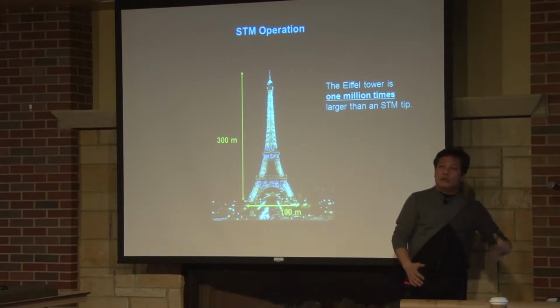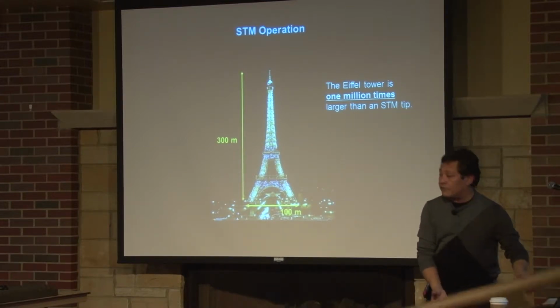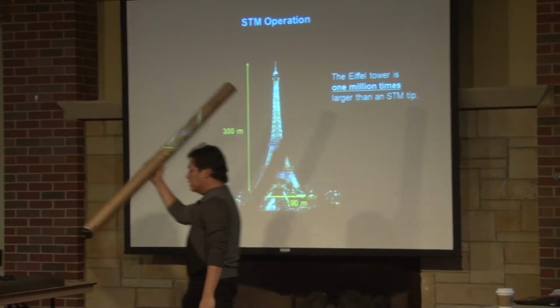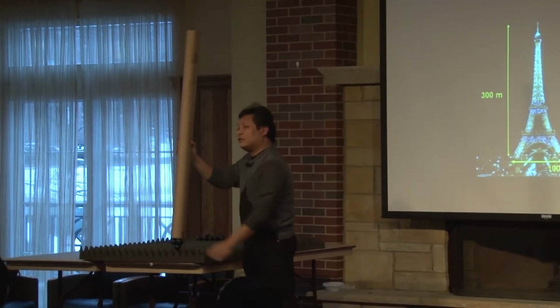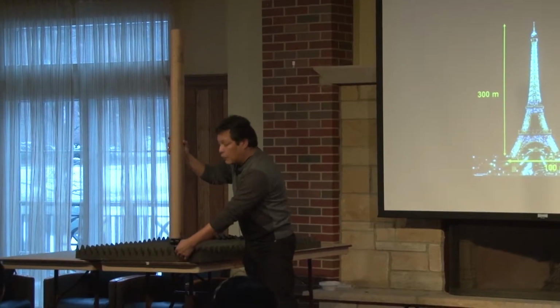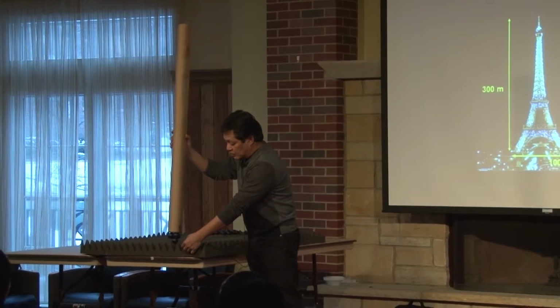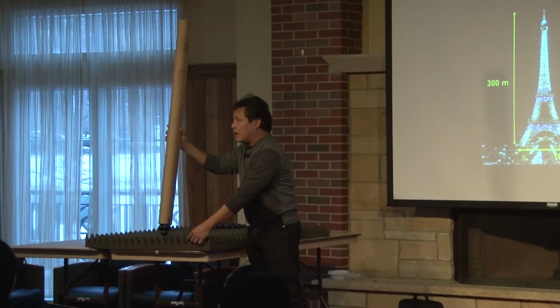When we take images of atoms, as I told you already, we have to be very close, less than 1 nanometer from the surface. Only then can you sense the atomic profile.